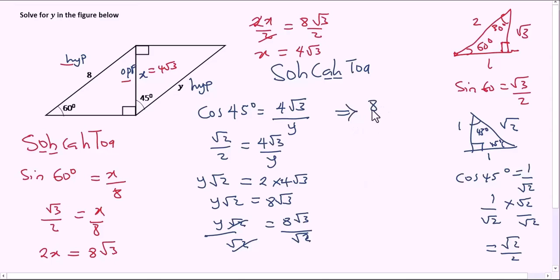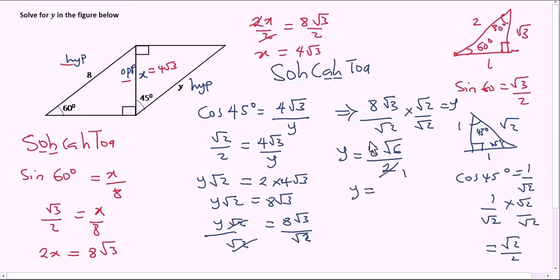So 8 root 3 over root 2 multiplied by root 2 over root 2, and they are all equal to y. So 8 root 3 multiplied by root 2 gives us root 6 all over. Root 2 multiplied by root 2 gives us just 2. So that you are left with 2 here is 1 and 2 here is 4. Left with what? 4 root 6, and we are done.